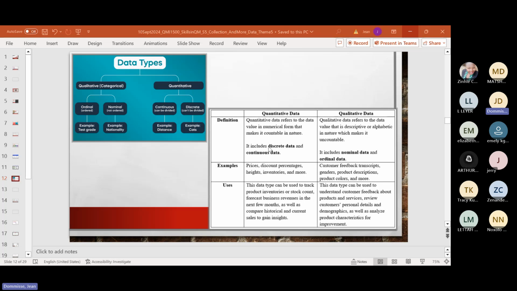And what I've done here again is that you at least get some definitions around it. So what is the definition? Quantitative basically means quantity. Quantity means you can count it. Then you can count it in different ways.